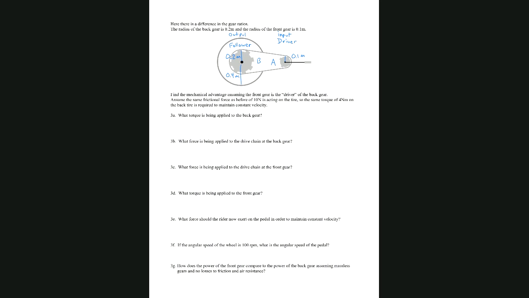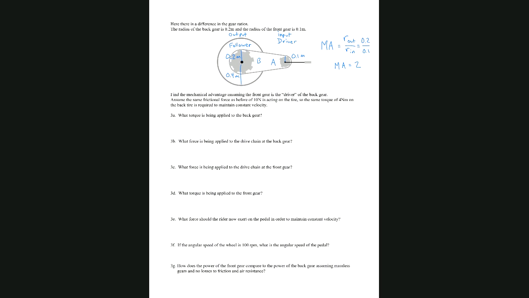Now, the mechanical advantage formula says you can use the radius of the output over the input. In this case, that would be 0.2 over 0.1. So our mechanical advantage is 2 here. We'll create more torque by going from a small gear to a larger one.